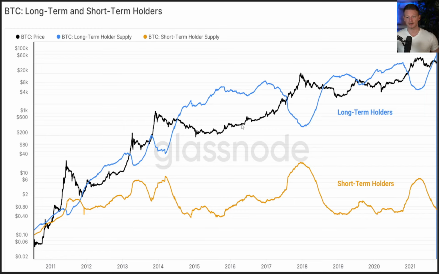They are acquiring during the bear market. And then right when we reach our prior all-time high, you have these people buying in during the bull run, FOMOing in, and your long-term holders are selling to them. Your short-term holders, or the dumb money, are buying from your long-term holders.